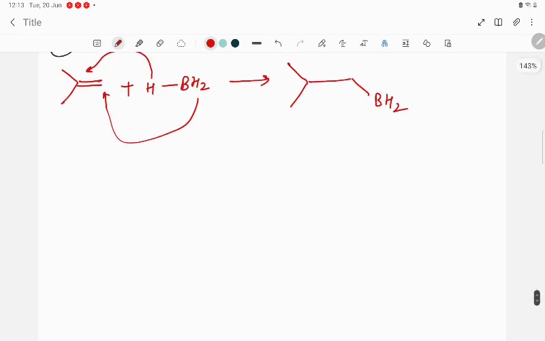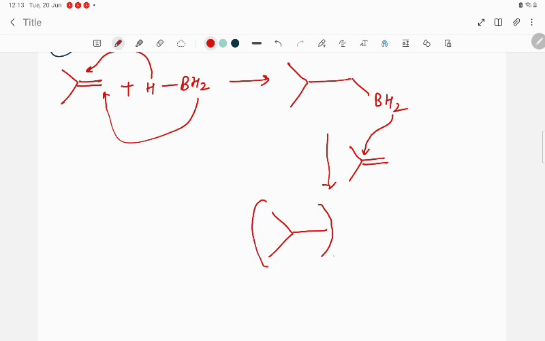Since here you will find that 2 hydrogens are there, 2 more alkenes can be added here. So 2 hydrogens will go here. So what will be left? Here you will find this is the compound. How many times will it be there?